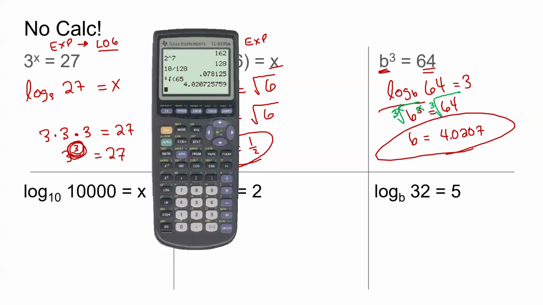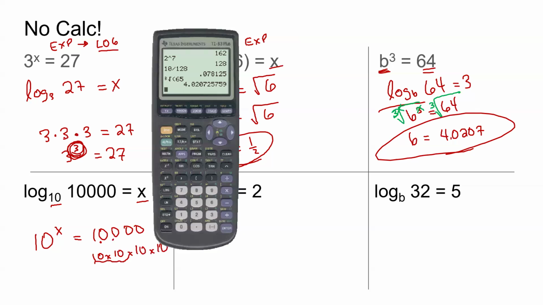Down there on the bottom, we've got this log function. The base is 10, the exponent is x, so that would be 10 to the x equals 10,000. Okay? Well, I know that every time I multiply by 10, it's going to move the decimal place. To get 10,000, I would have to multiply 10 times 10 times 10 times 10.